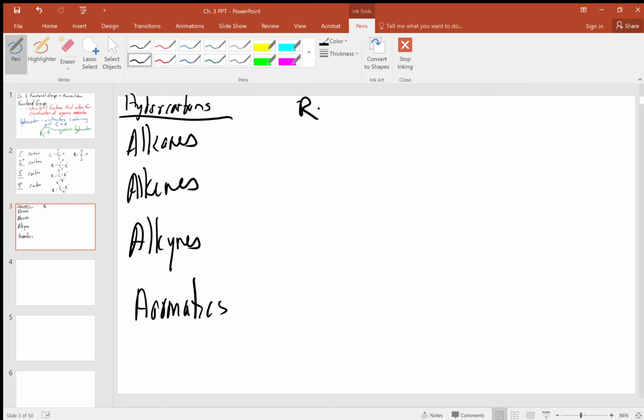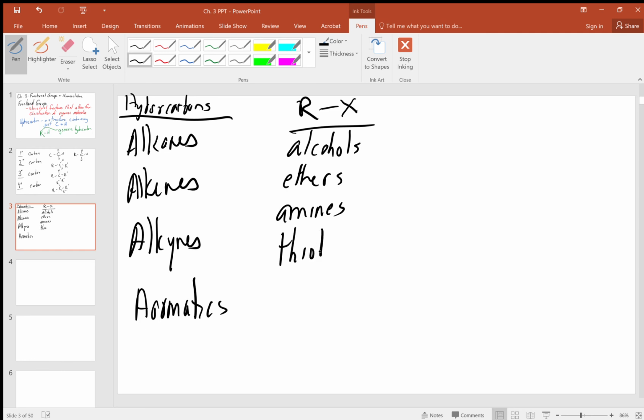We then will have a series of functional groups, which is a hydrocarbon bonded to some other atom. And these will include alcohols, ethers, amines, and thiols.